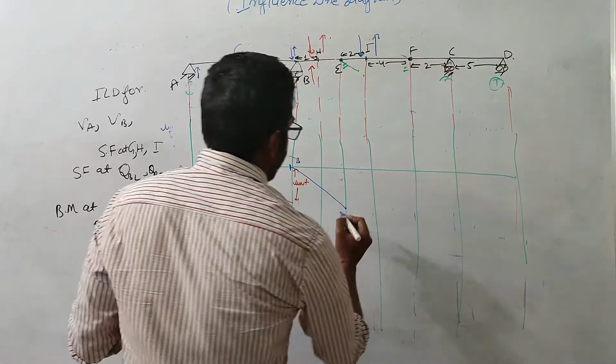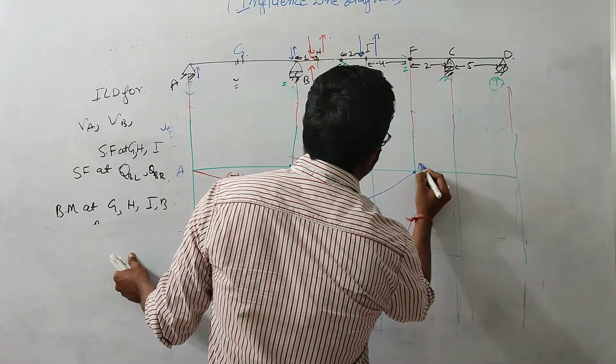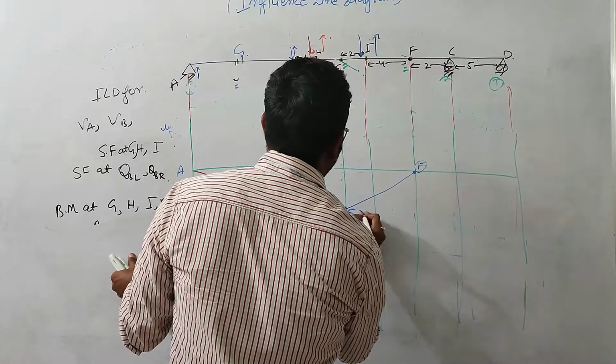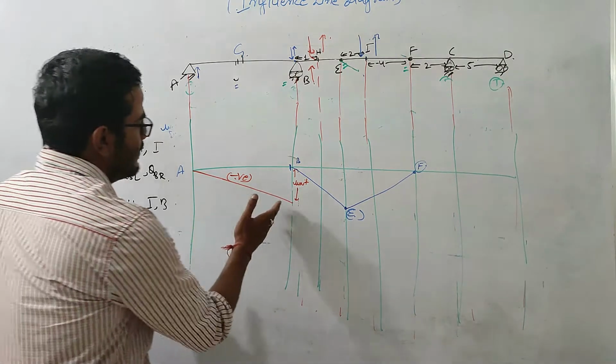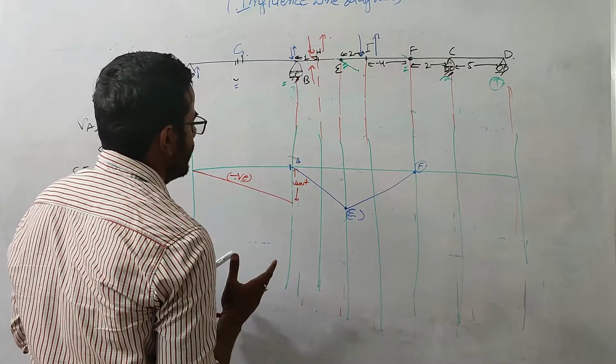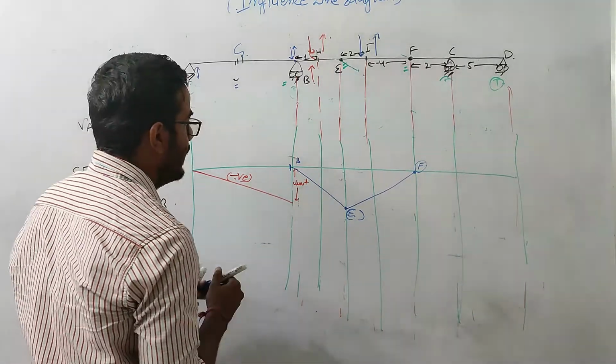And again at F. This is point F, and this is point E. At this point, we are not releasing any bending moment.